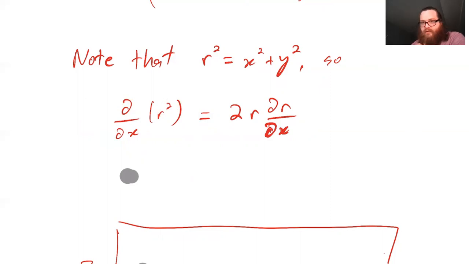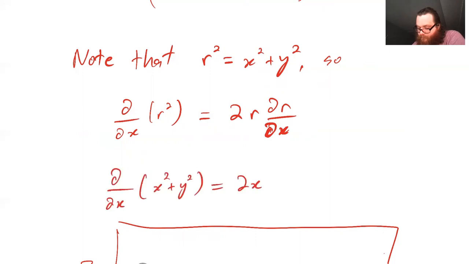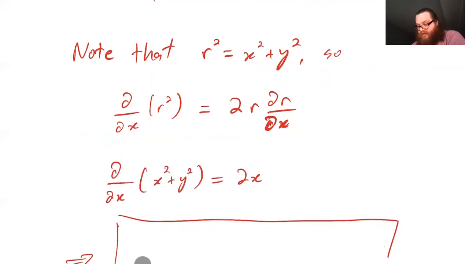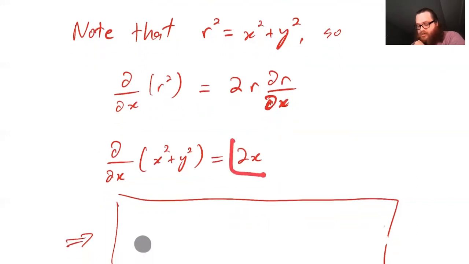So you have the derivative of the outside times the derivative of the inside. The derivative of the outside is 2r. The derivative of the inside is the partial of r with respect to x. What else do we have? On the right-hand side, take the derivative with respect to x. y doesn't depend on x; we're treating these as independent coordinates. So the x derivative of the right-hand side is just going to be 2x.